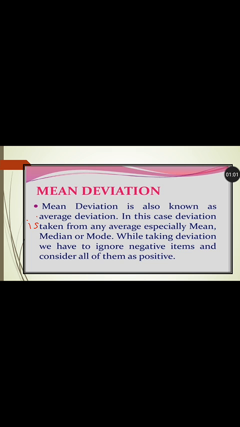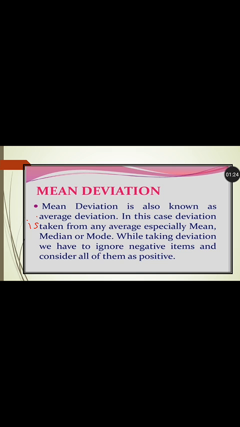We can calculate mean deviation from all these three, but in particular we are going to calculate it from mean and median. Once you have studied clearly what is mean and median, this particular problem is very simple. In this case deviation is taken from any average, especially mean, median or mode.